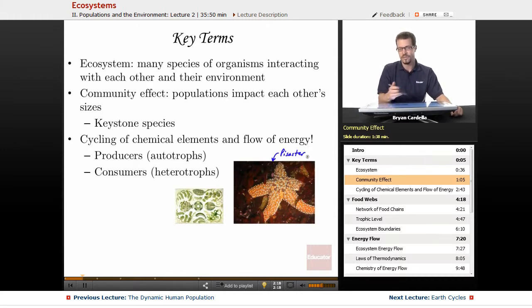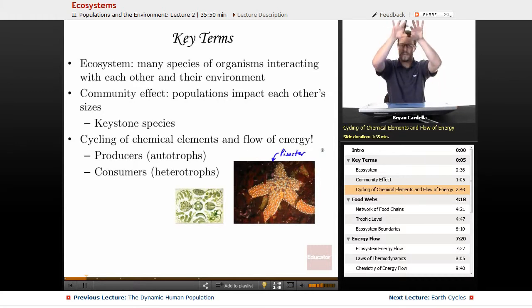There's Pisaster giganteus. There are a lot of different Pisaster species, but if you remove sea stars from an ecosystem or community that's intertidal, it could be very damaging. The biodiversity tanks, and it's all out of whack because they weren't there. Sometimes it's wolves, and I'll give you an example later on in this course about how wolves can be a keystone species.